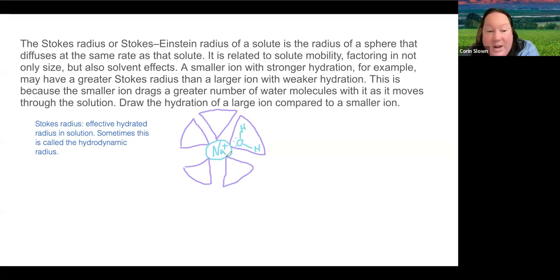So the radius of our sodium ion, if we were to look it up, it's not something you would necessarily know, but R of Na+ is equal to roughly 0.1. It's actually 0.102, but 0.1 nanometers. And so on average, it can fit about 5 water molecules.